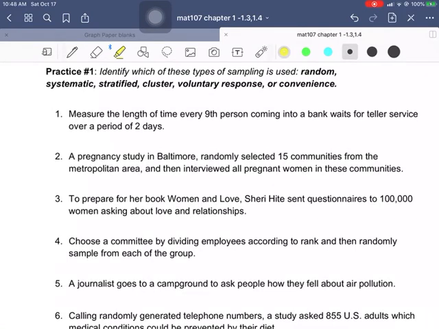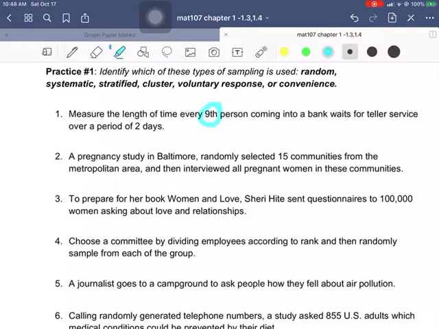Let's practice. Identify which types of sampling can be used: random, systematic, stratified, clustered, voluntary response, or convenience. Okay, for each of these. All right, measure the length of time every ninth person coming into the bank waits for a teller service over a 2-day period.